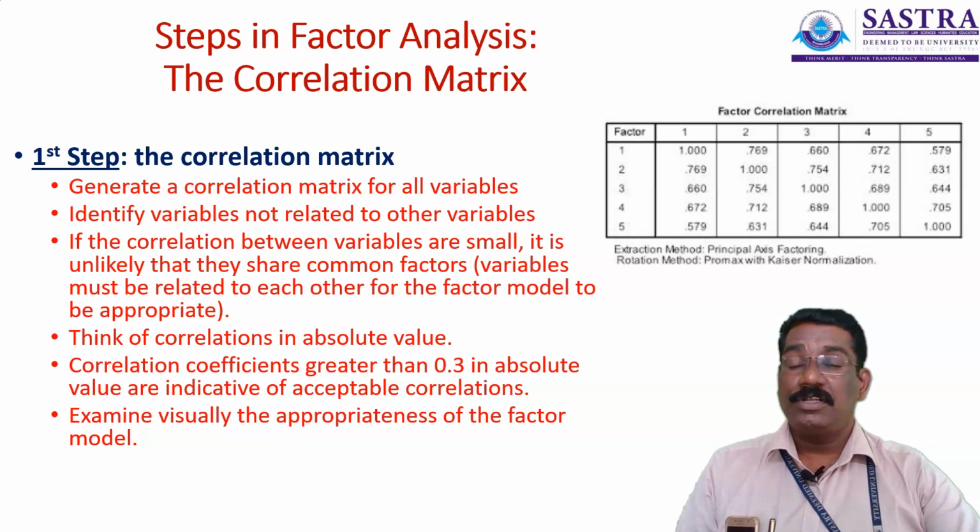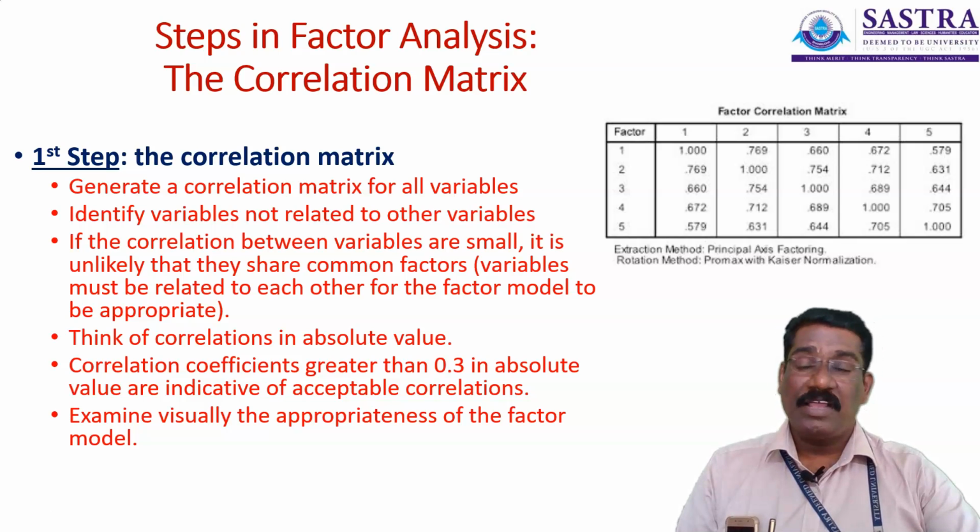So too much correlation and very poor correlation will not be encouraged in factor analysis, especially in the first step called correlation matrix. If the correlation between variables is small, it is unlikely that they share common factors. Variables must be related to each other for the factor model to be appropriate.